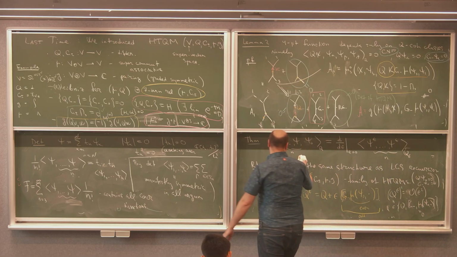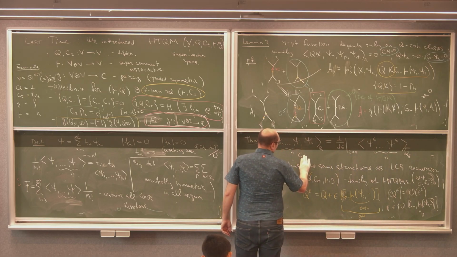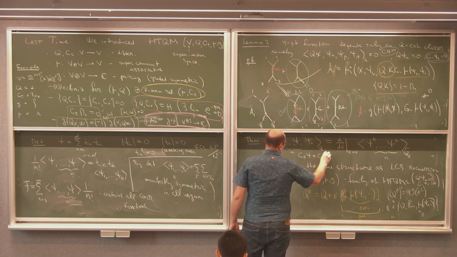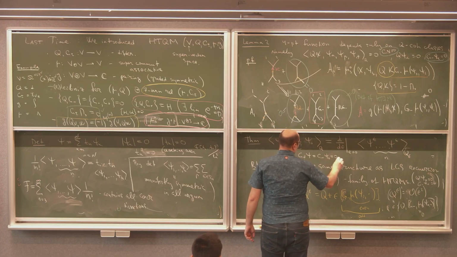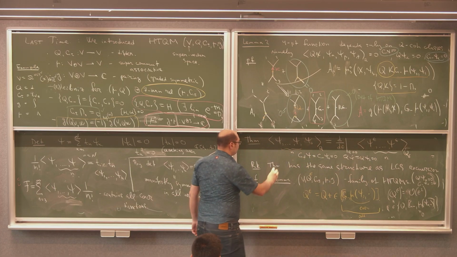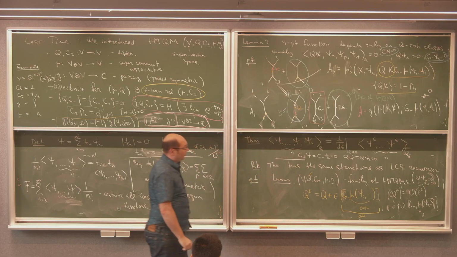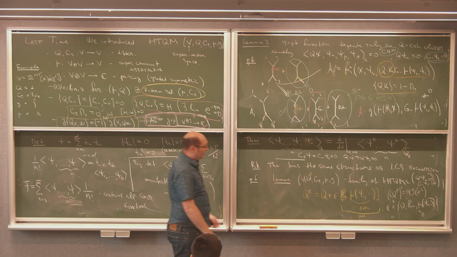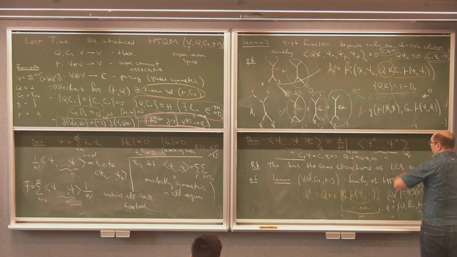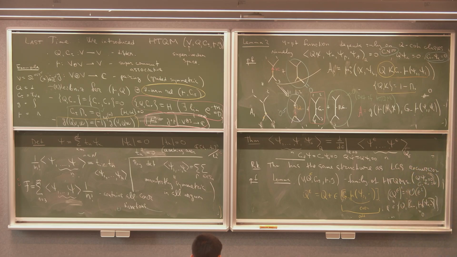Here we once again assume that G minus of psi naught is 0, and similarly Q of psi naught is 0. That gives us a family of HTQMs in which we can compute amplitudes.